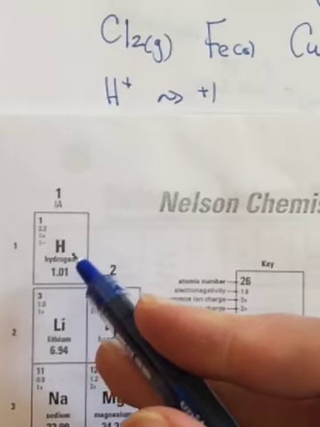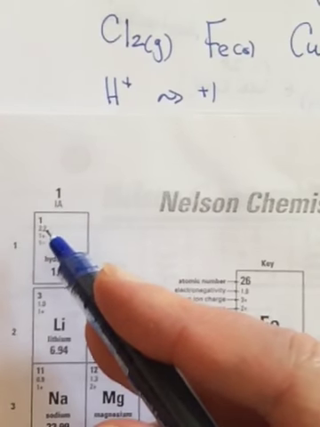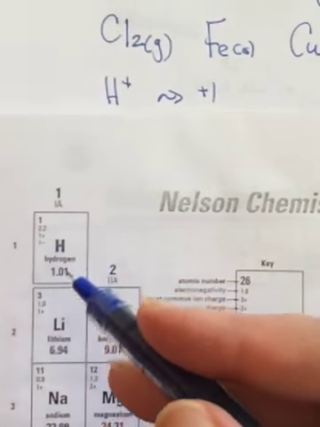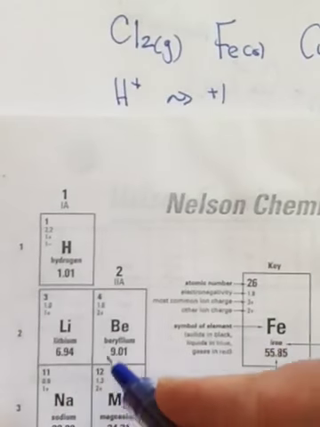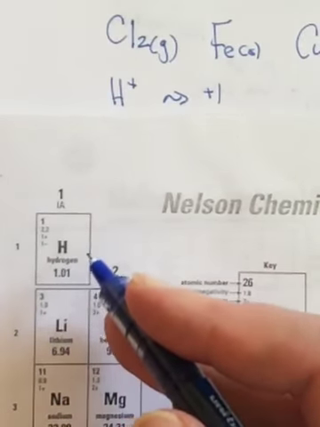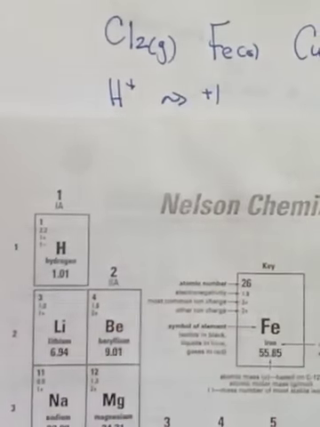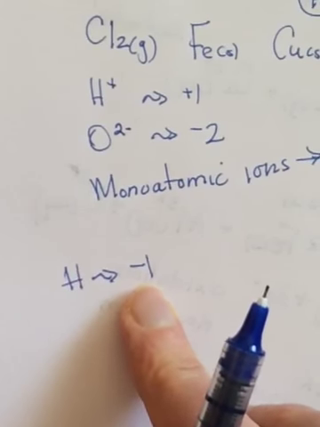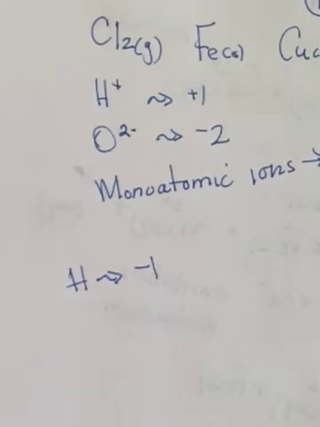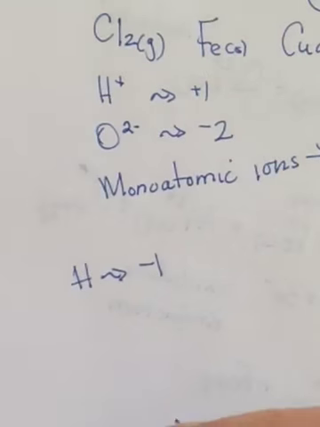Whenever hydrogen is bonded with something that has an electronegativity less than itself, like lithium or sodium, hydrogen will win the tug of war, get the electron pair, and have an oxidation number of negative 1. So it's based on the electronegativity.